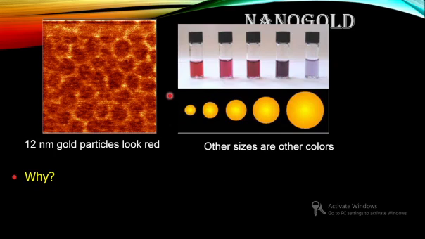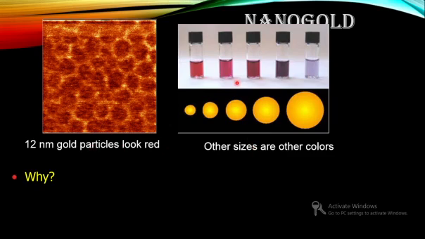As we go on cutting down the gold, and let us say we reach the dimension of nanometers, then you can see that at the 12 nanometer size, gold particles do not look yellow, which is what we are familiar with, but they look red. So why?